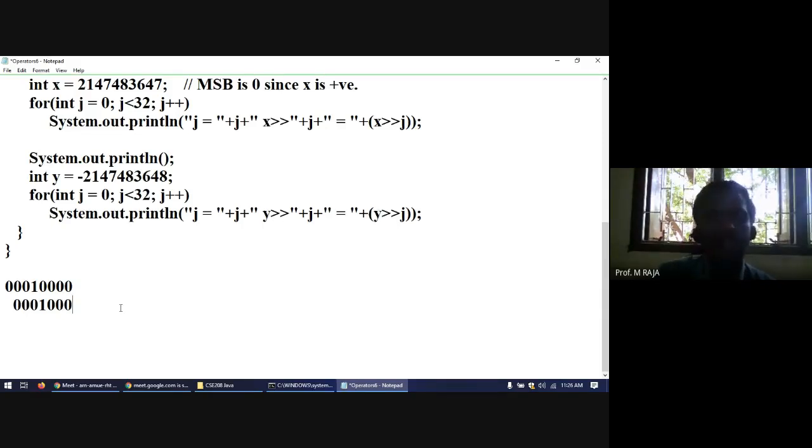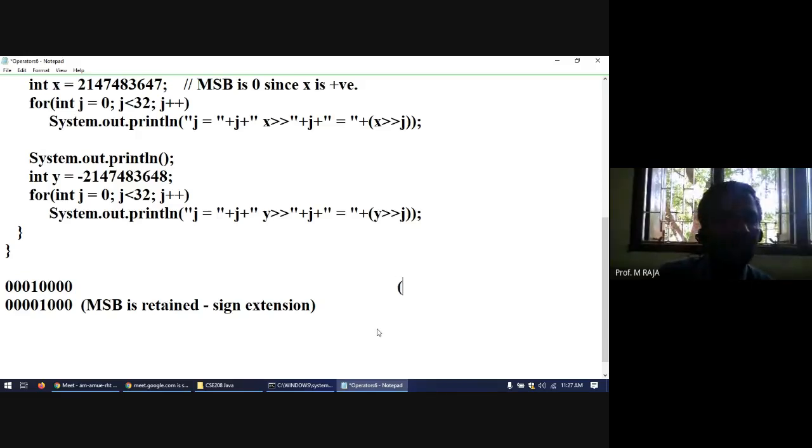What about the new MSB? The new MSB is 0, right? That means the MSB is retained. That's the meaning of sign extension. The sign is extended.